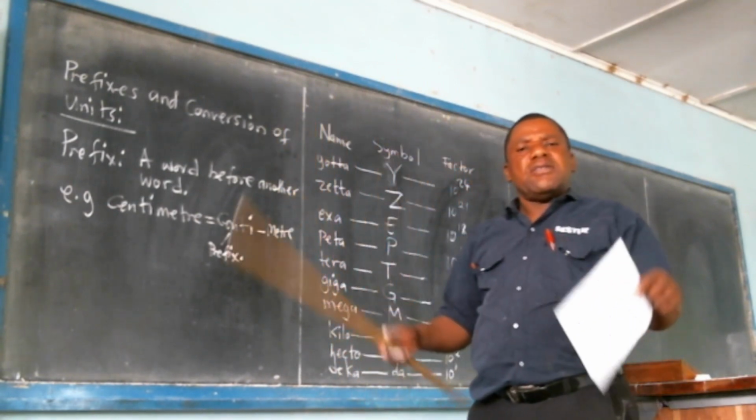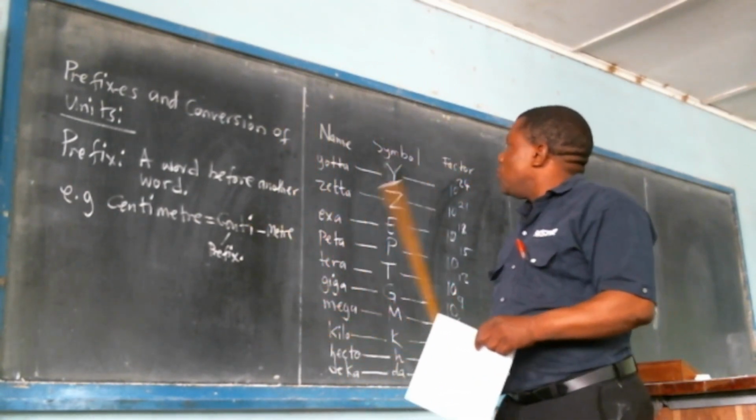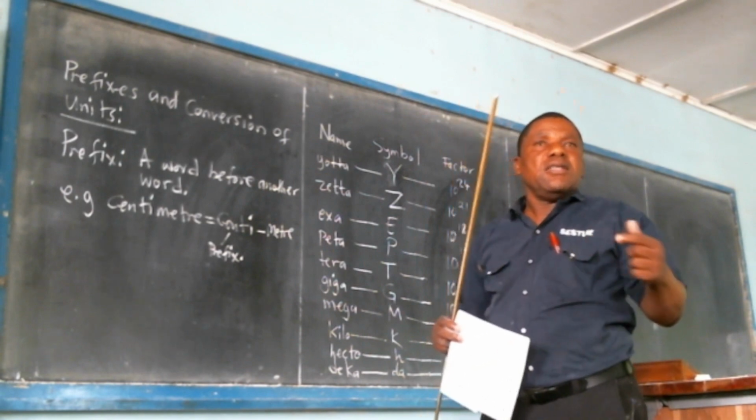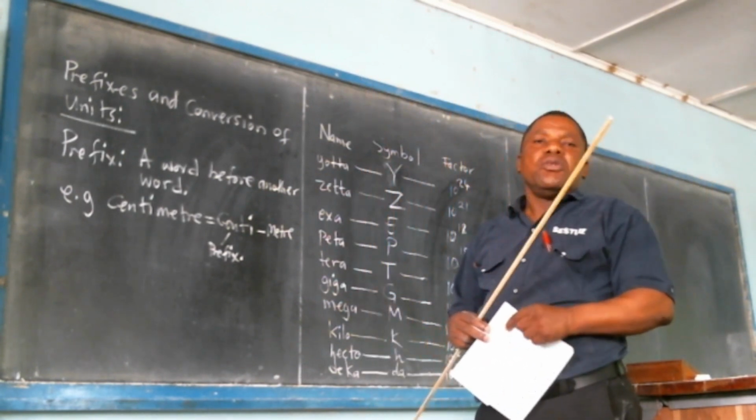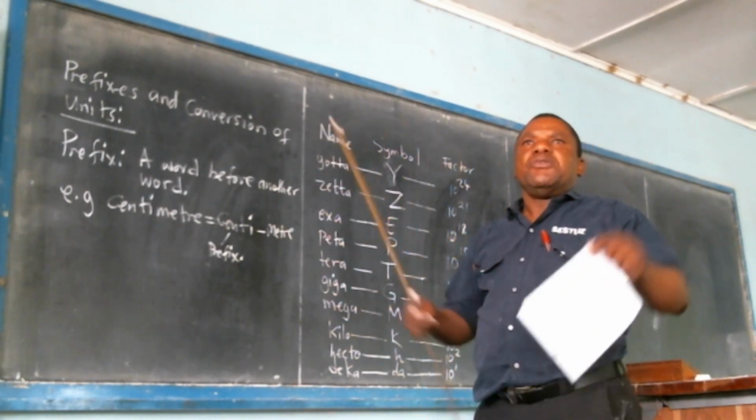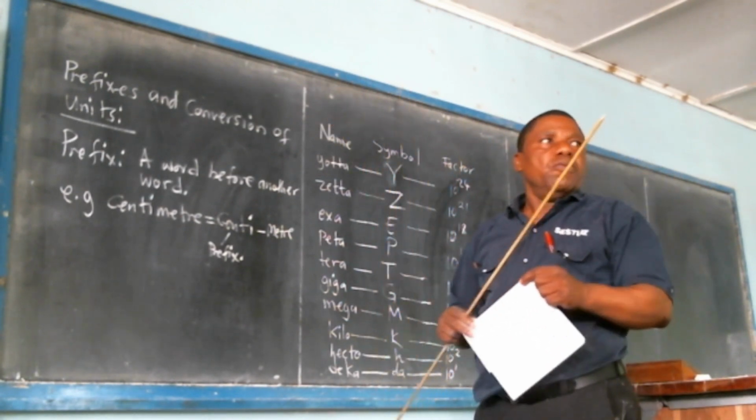Let's look at another set of prefixes. These demagnify numbers, and hence they are called submultiples because they reduce the value of units.